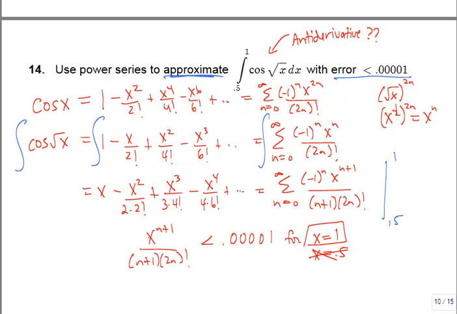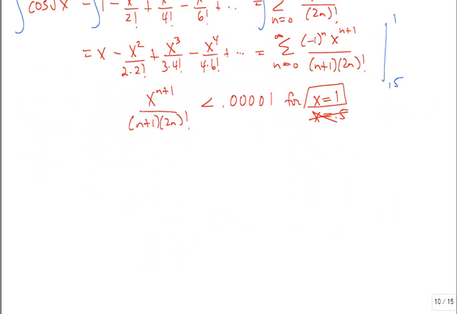So let's plug in 1 here, and 1 to the n plus 1 is just going to stay 1. So this becomes 1 over n plus 1 times 2n factorial less than 0.0001. Now you want to look on your calculator for that. You would type in this expression on the left side into your y1, and then look at a table and see for what value of n this y value becomes smaller than 0.00001.